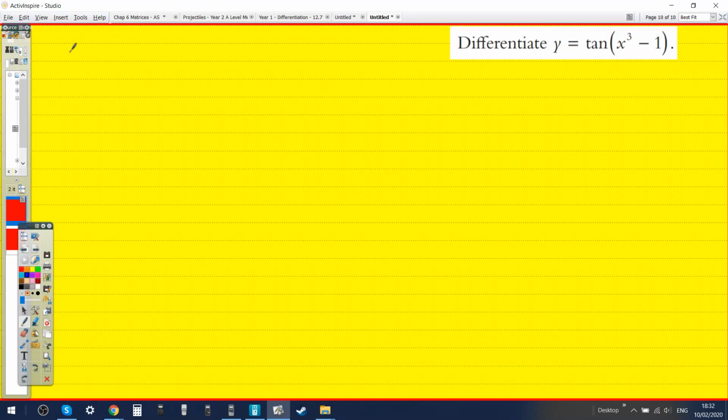So tan x, the derivative is sec squared x. So we can write it sec squared v in this case. Yeah, if you want to. And then v dash is just 3x squared. So since it's chain rule, it's sec squared of x cubed minus 1 times 3x squared.